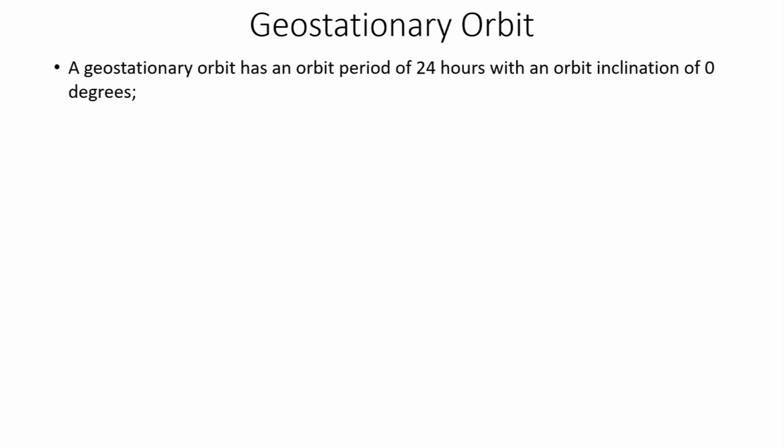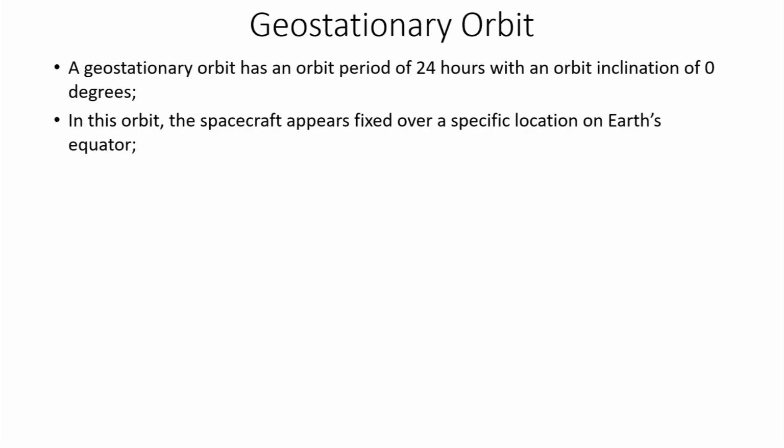We will now discuss the geostationary orbit. The geostationary orbit has an orbit period, the time taken by the satellite to complete one revolution, of 24 hours, and the orbit inclination is 0, which means this orbit is in the equatorial plane of the earth.